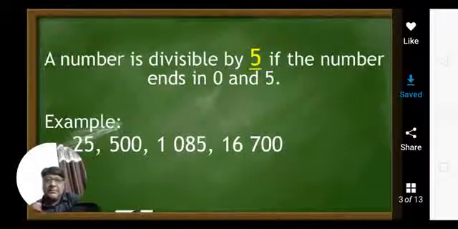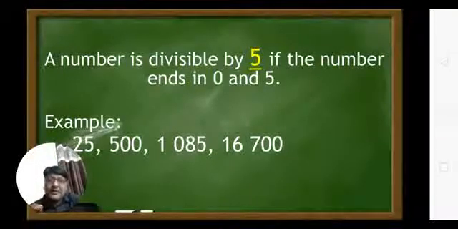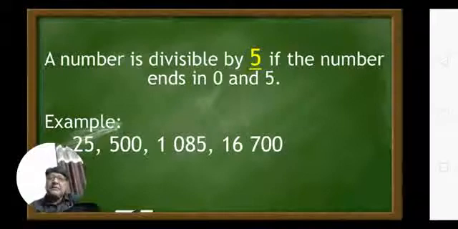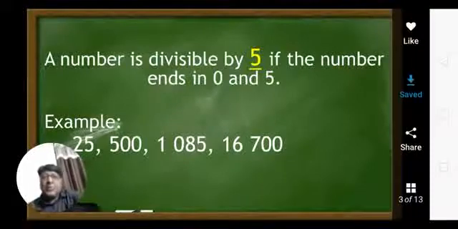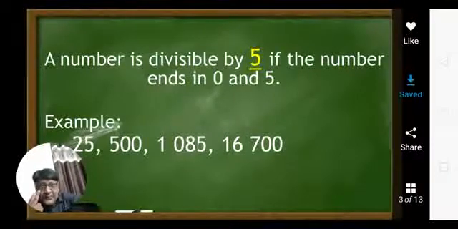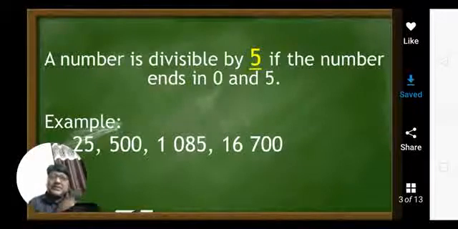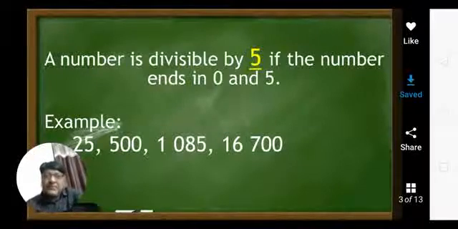In the first example, the number is 25 and the unit digit is 5, and therefore the number is divisible by 5. In the second example, the number is 500 and the unit digit is 0, therefore the number will be divisible by 5. So from all these examples, we can say that a number is divisible by 5 if it ends in 0 or 5.